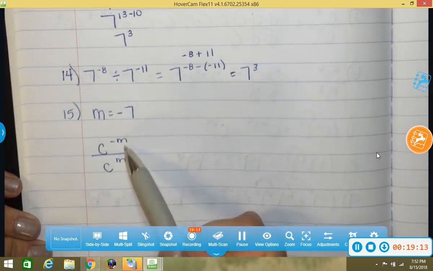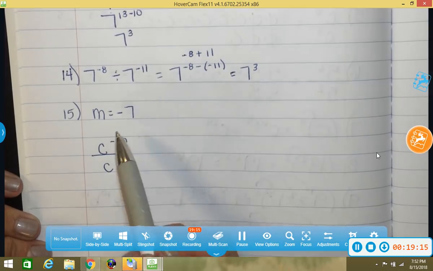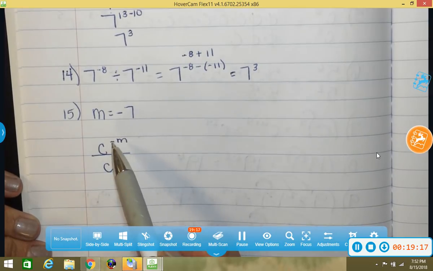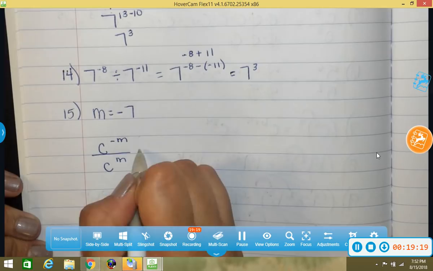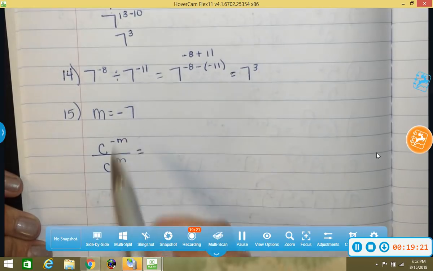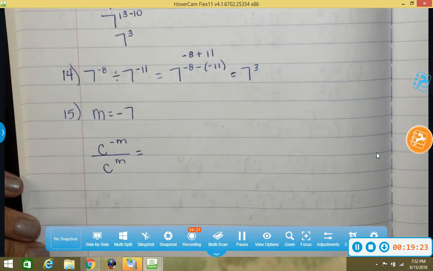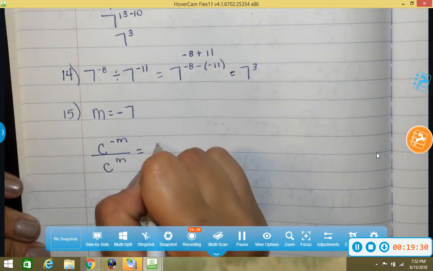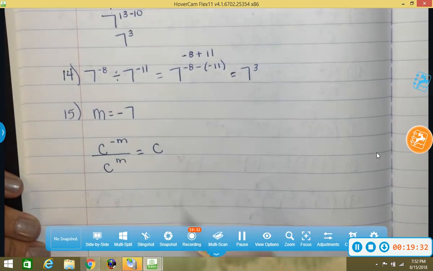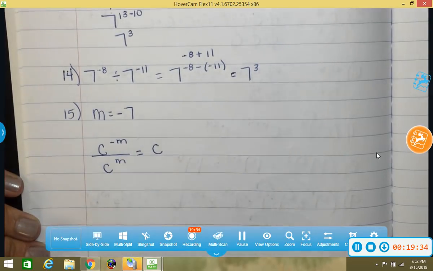Well, we can obviously tell that one of them's m and one of them is the opposite of m, or the negative of m. We have to plug this in, and anytime you plug a number in or substitute a number in, you have to put parentheses around it. So instead of writing an m here, we're going to just put parentheses around negative 7.